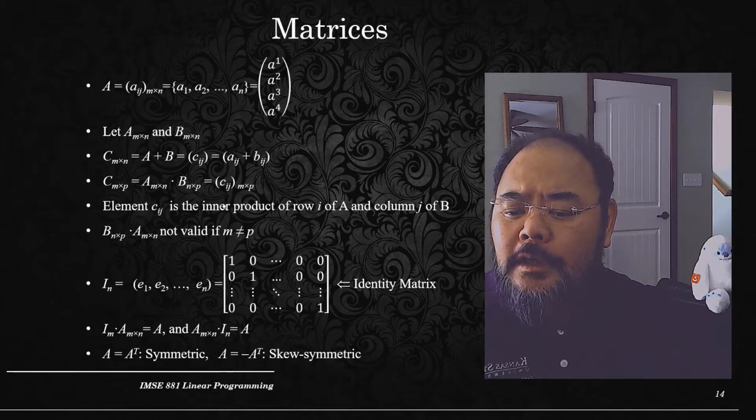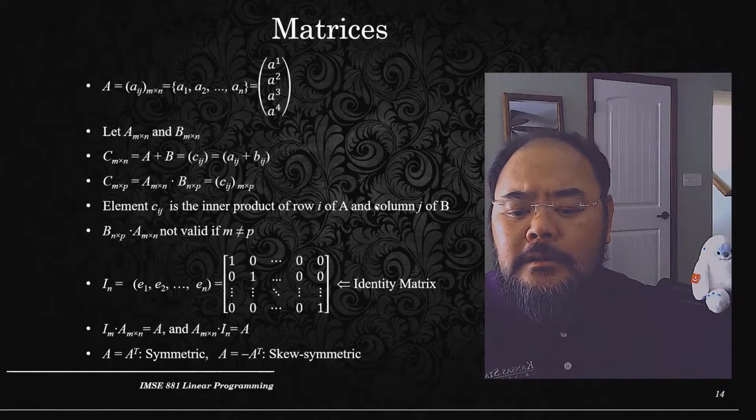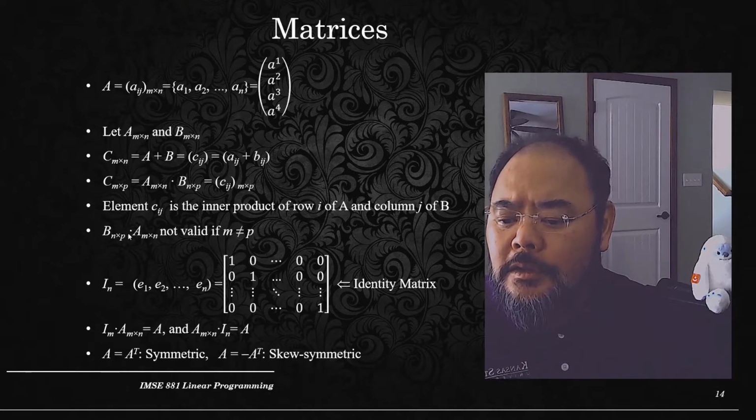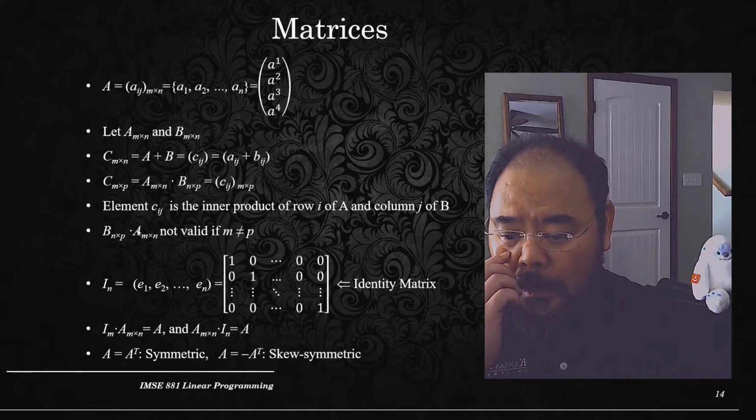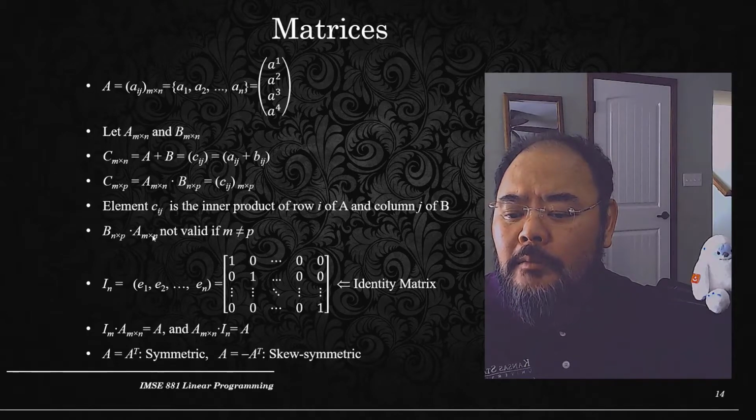Element Cij is the inner product of row i in A times column j in B. However, if we reverse the situation, B times A, this is not a valid multiplication, since p and m may not agree with each other. If m equals p, then the result will be an m by m matrix.